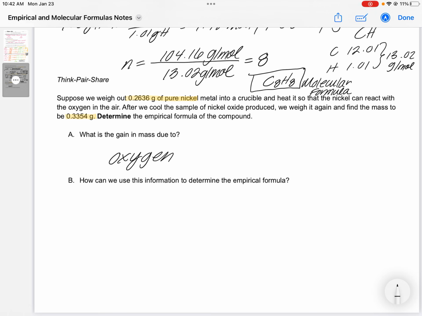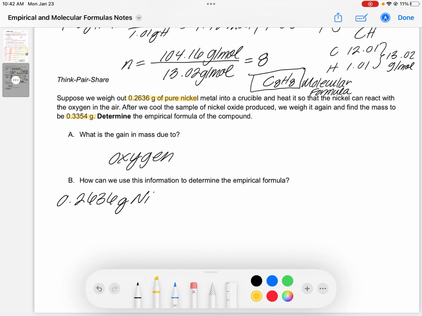So we know that 0.2636 grams is pure nickel, and we're going to assume that no nickel was lost in this reaction. To figure out our empirical formula, we first need to know what elements we are working with. In the final sample, it is called nickel oxide, and so we should only have nickel and oxygen as our two elements here.